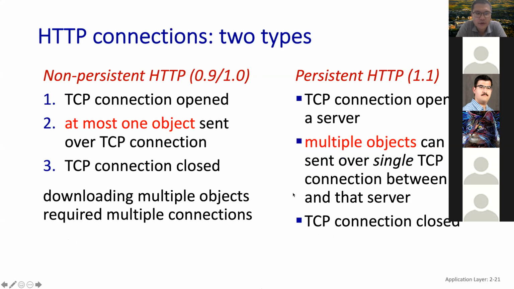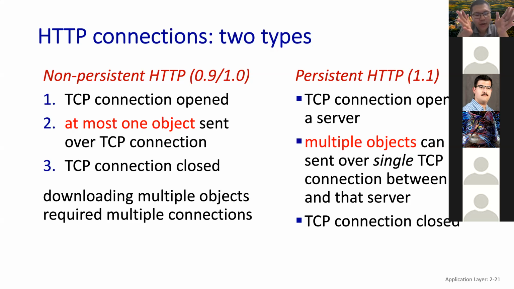And we have two different types of connections: non-persistent HTTP and persistent HTTP. Different versions of HTTP provide different capabilities.